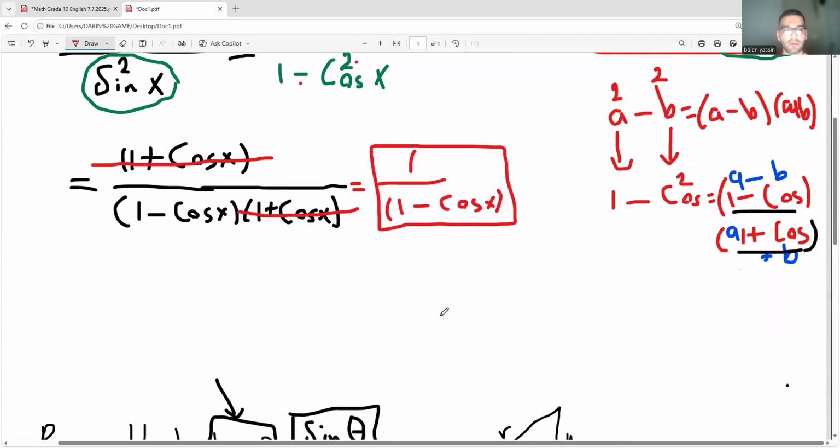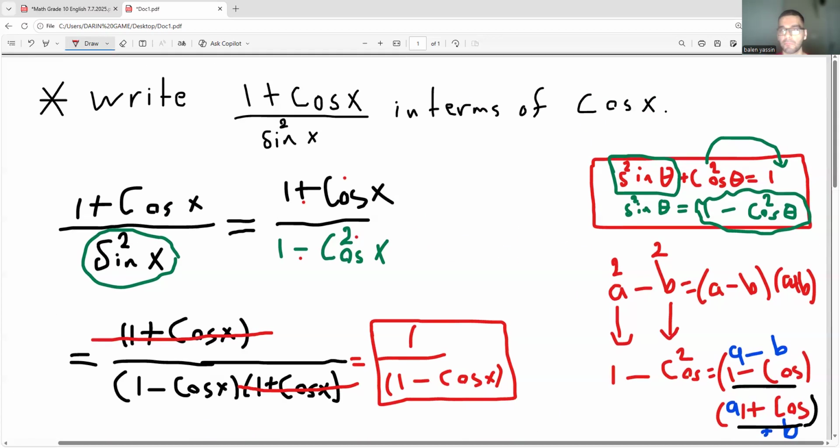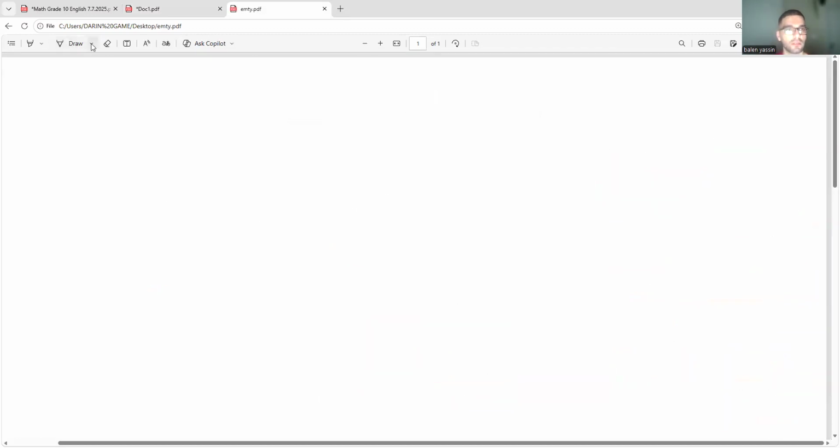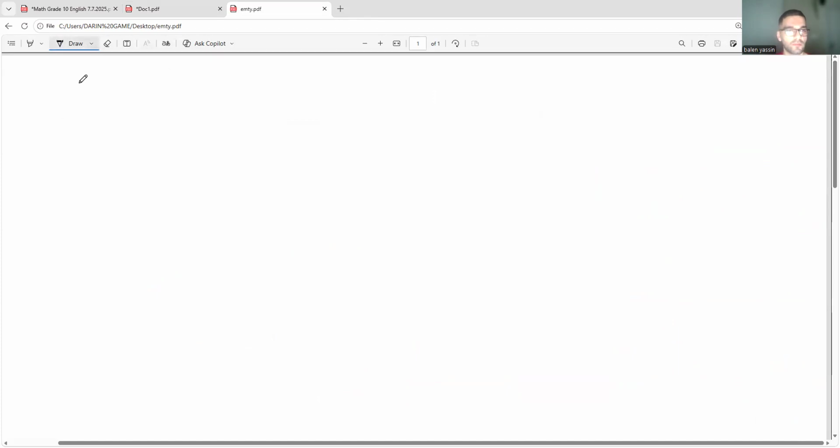I was thinking about solving one more example. Let me do it so that we deliver the whole package. Okay. So now I was thinking about this one. Sine of x. The other one was sine, right? Okay, we change it.